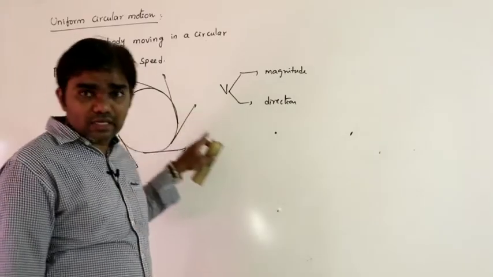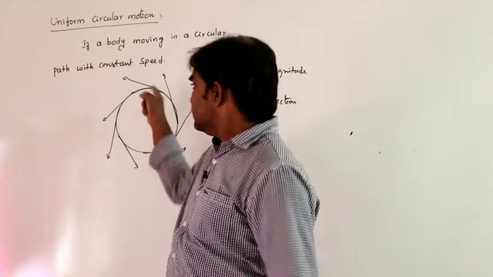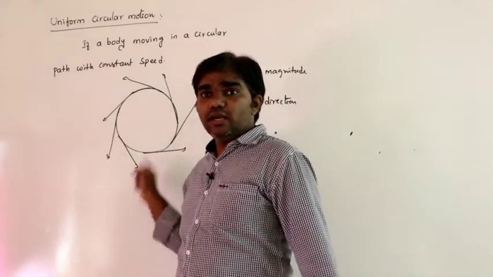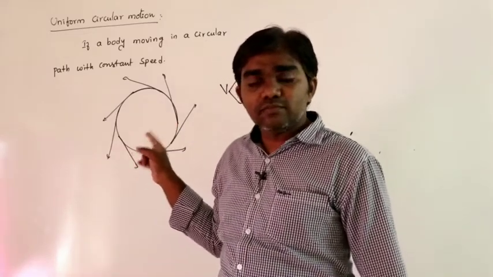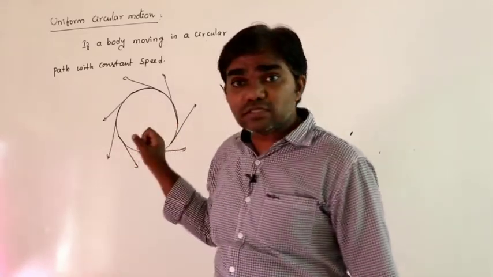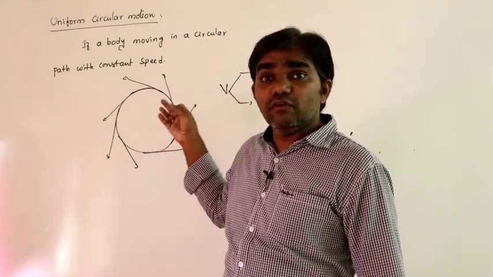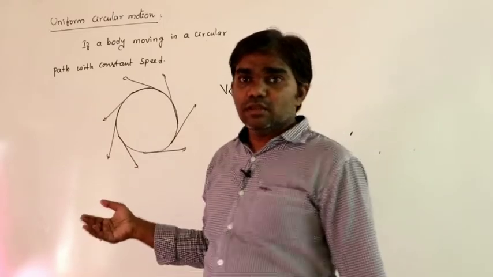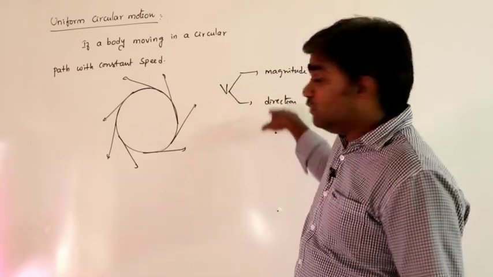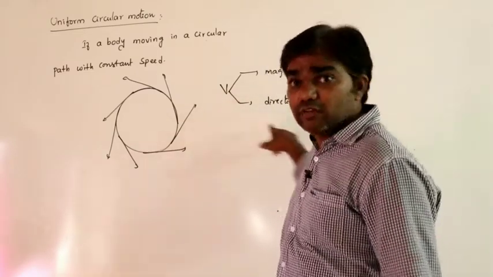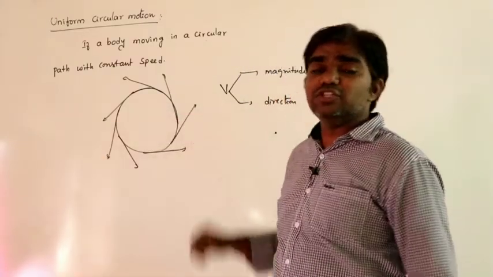Because velocity is a vector quantity, it has both magnitude and direction. If the direction changes, velocity changes; if the magnitude changes, velocity changes. Here the direction changes, so velocity must change. In a circular path, velocity is never constant, it continuously changes.